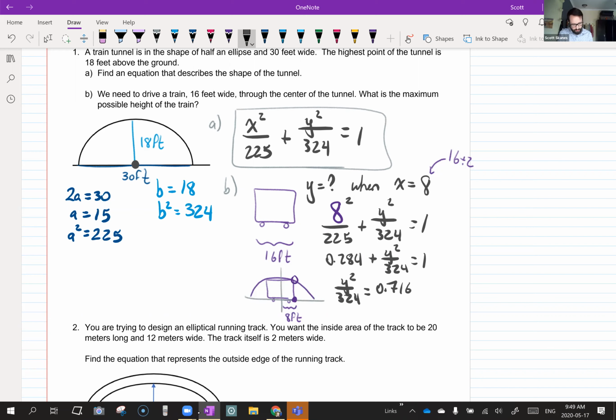I'm rounding quite a lot. That means y squared is, we multiply that by 324, 231.84 or so. And so what's the square root of that? The algebra part I'm doing quickly because you should already know that. That's not really what this course is about. That will give something about 15.2 feet.